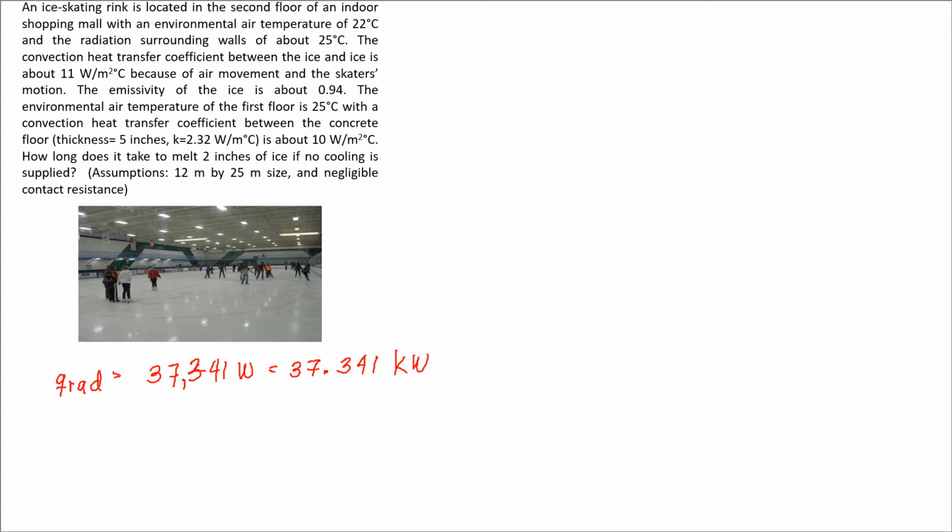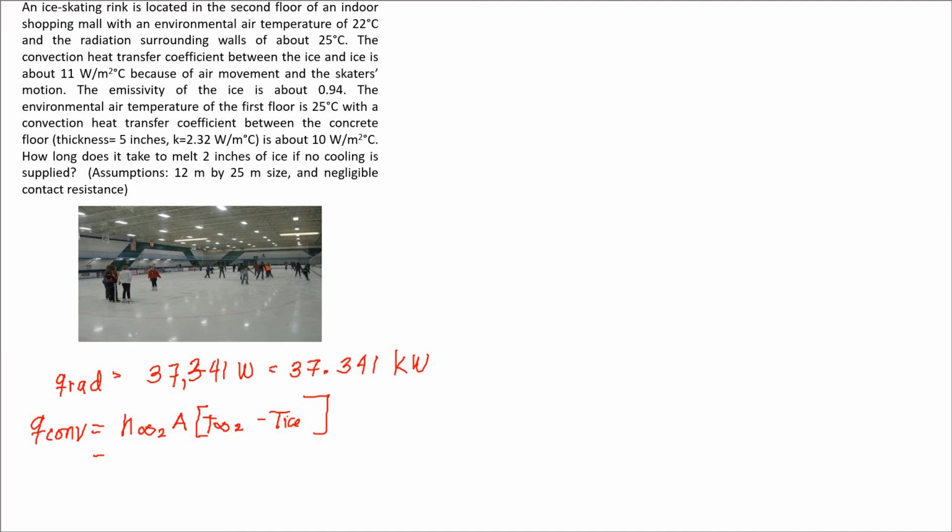So another one is the Q convection at the second floor, which equals the heat transfer convection coefficient at the second floor multiplied by the area and multiplied by the difference of environmental temperature in the second floor minus the temperature of the ice.